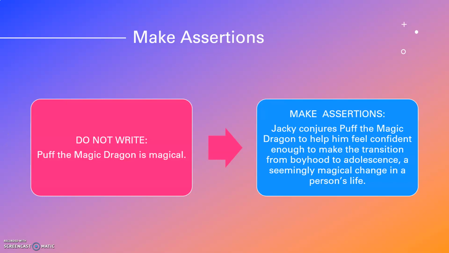Another thing you want to be careful of when you are writing your literary analysis essays is that you're not just stating simple facts unless you are just setting up context for the assertion. So you want to make an assertion in each paragraph that will support the overall thesis.